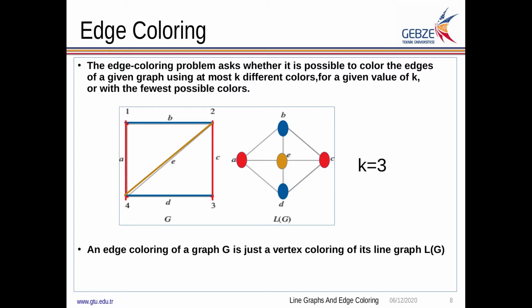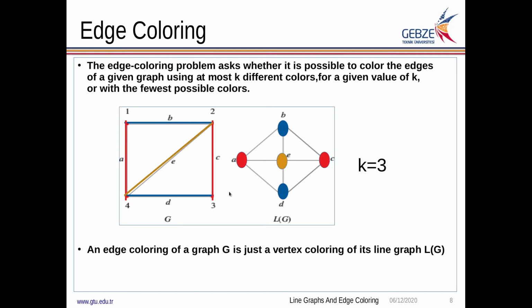Okay. Edge coloring problems ask whether it is possible to color the edges of a given graph using at most k different colors for a given value of k, or with the fewest possible colors. For example, here the fewest possible colors is 3.